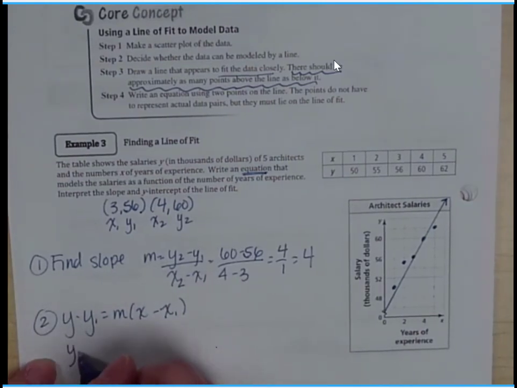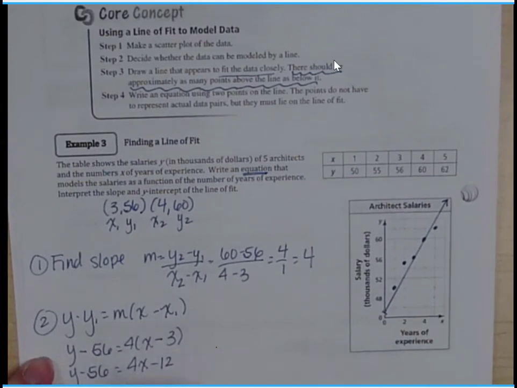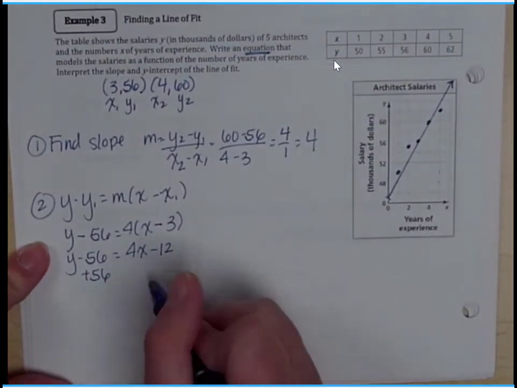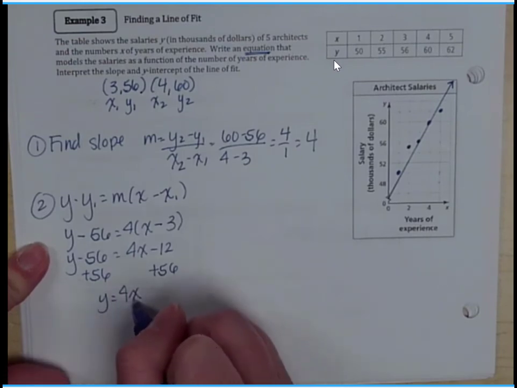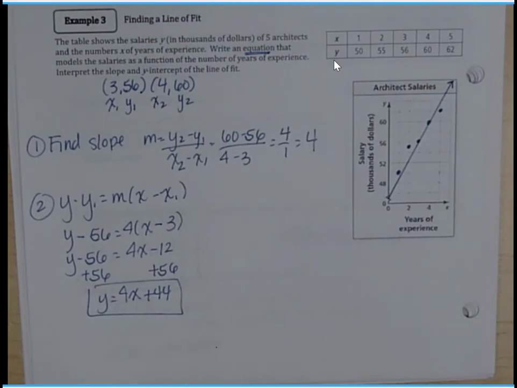So let's see, I have y minus 56 equals 4 times x minus 3. So y minus 56 equals 4x minus 12. Add 56 to both sides. y equals 4x plus 44. So there is my equation.